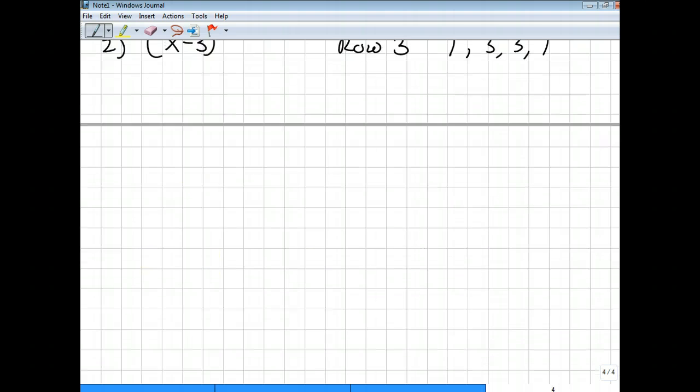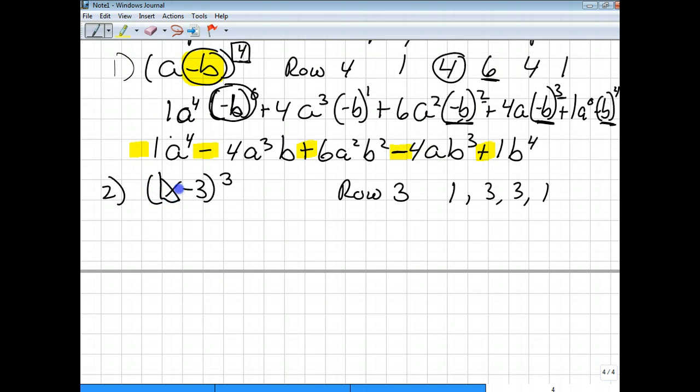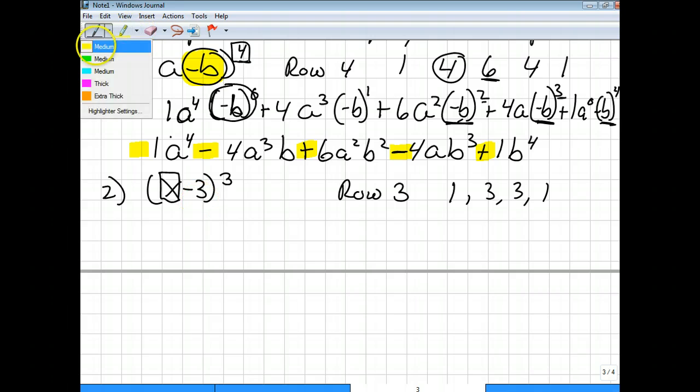Okay, then this is your a term, and this is your b term.